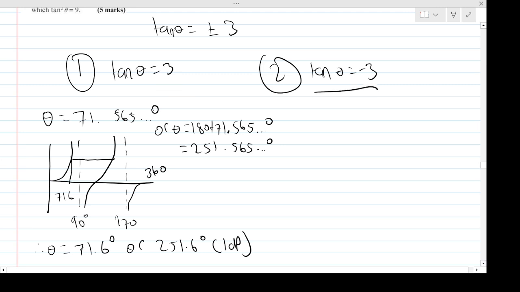Then we need to look at minus 3 here. Again, we're going to do inverse tan of minus 3, and that would be minus 71.565. Then if we do our tan graph again, between 0 and 360, because that's the interval we're working in.